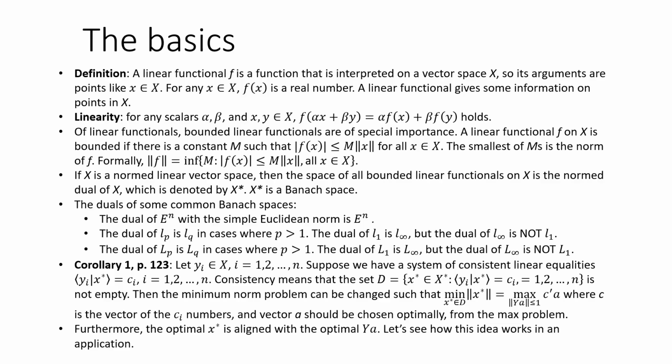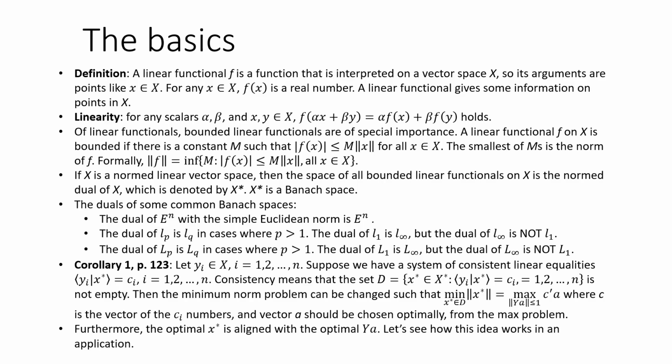First of all, let's try to understand the concept of linear functionals. A linear functional is a special kind of function. While functions are interpreted on the real line, linear functionals are interpreted on more generally understood vector spaces. In a vector space, we have points, and such points go into functionals as arguments.